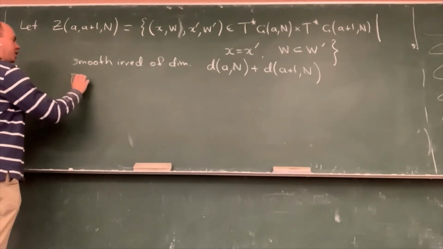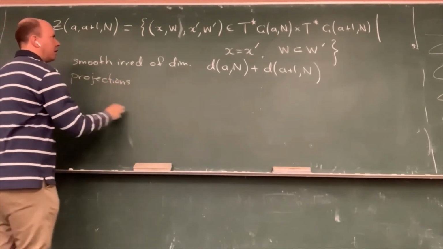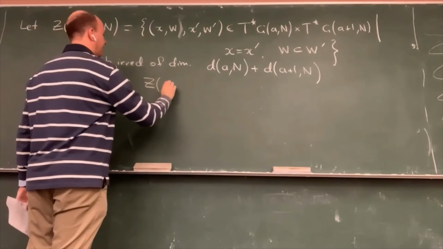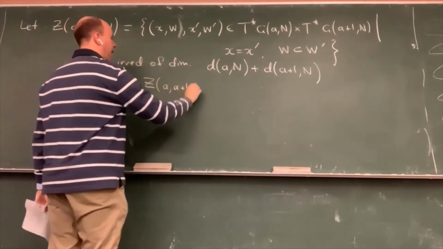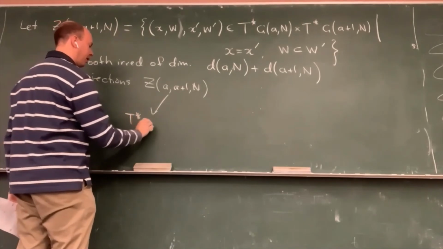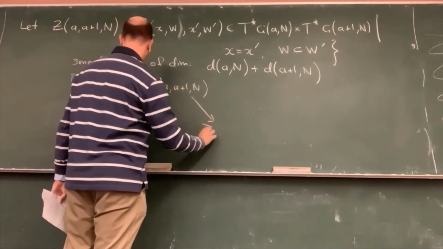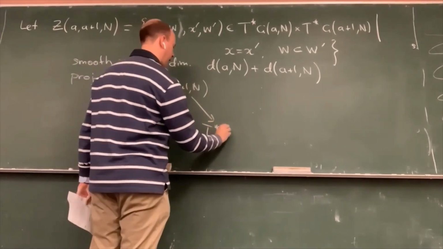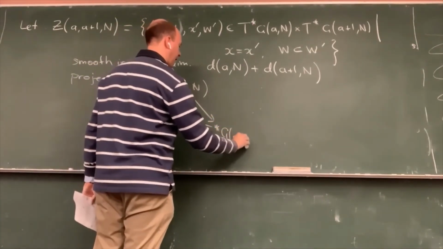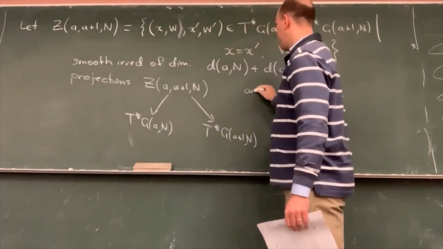And you need to check that the projections from this space to the two cotangent bundles are proper. But that's okay because they're projective morphisms.